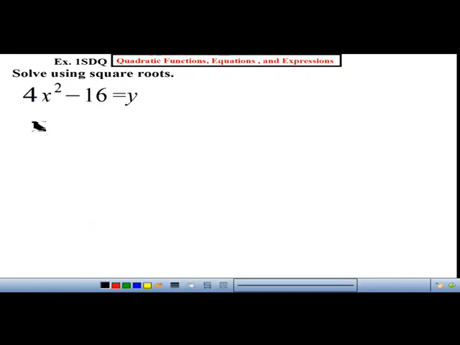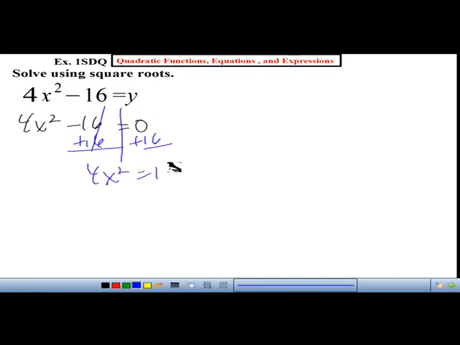Make the y into 0. To make the y into 0, so we got 4x squared minus 16. Continue. Add 16 to both sides. We end up with 4x squared equals 16.